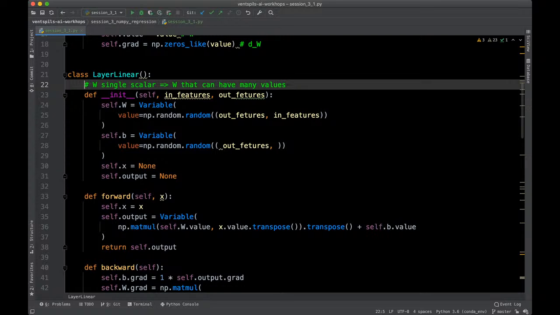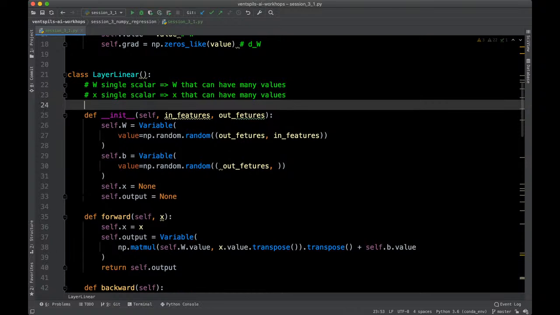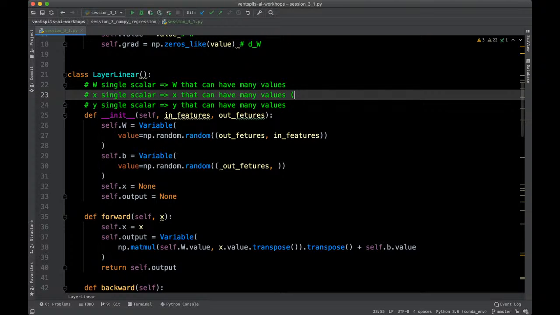And we can say the same thing about x. We had a single value, we want to have many values. Y, single. So what I mean by this is, let's say these many values are the in features, out features, okay?